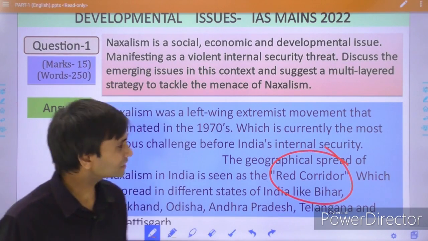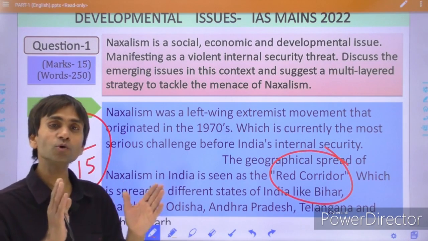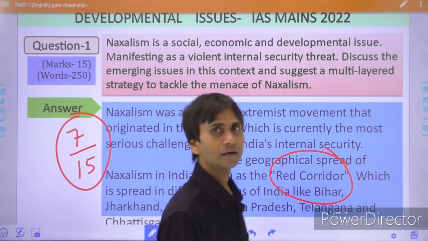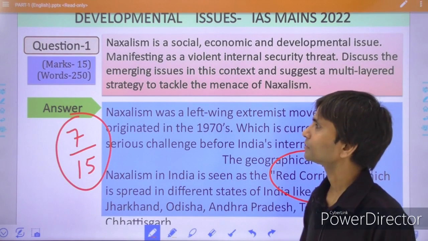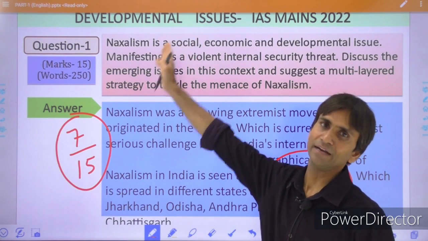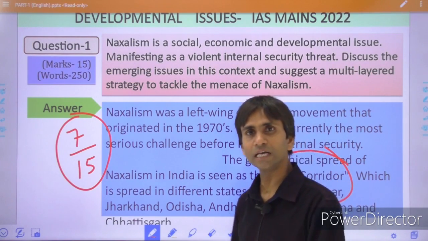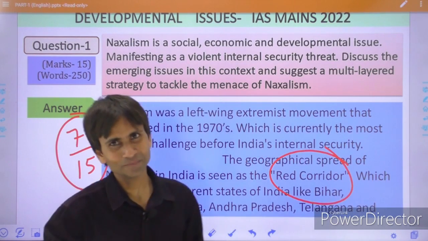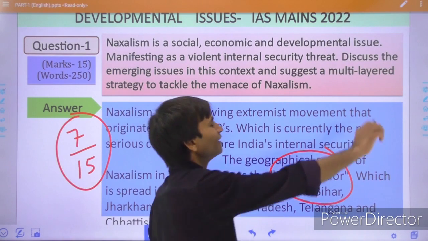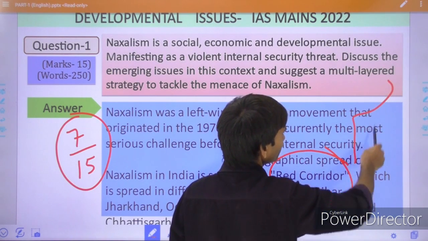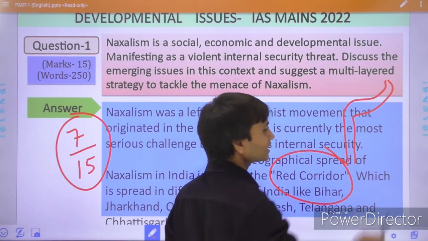Okay, in this way you should try to write your answer, then you can claim maximum marks, or more than 10. And if you want 12 or 13 marks, definitely you should draw a map of India, and through the map of India you should show the red corridor across the different states.